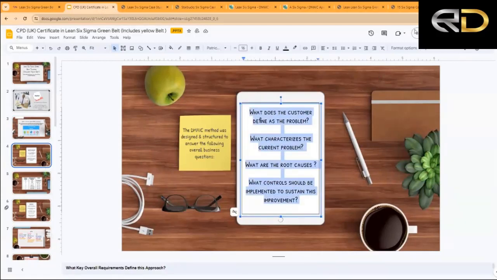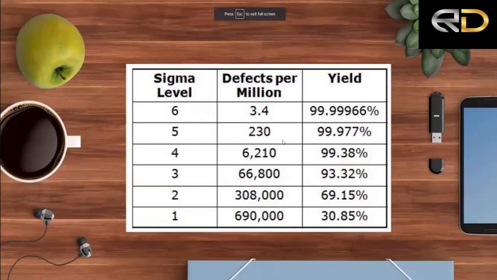Now, before we get started, we basically need a measurement unit, because you cannot improve what you cannot measure and you cannot manage what you cannot measure, right? So this is called a Z chart or a sigma level. This is where the name Six Sigma comes from.